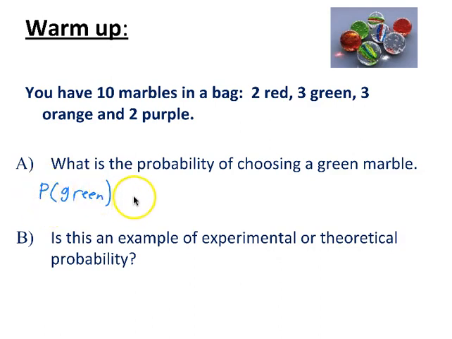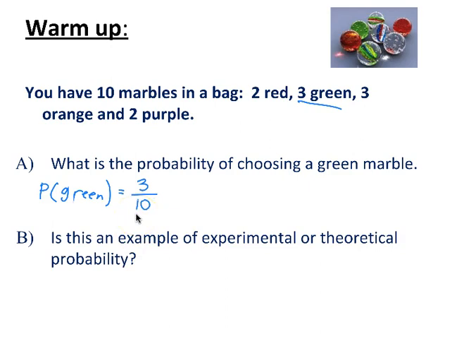This means what's the probability of finding or choosing a green marble? So to find that probability, how many green marbles can we choose from? Well, there's 3 in our bag, so we could choose 3, and then what is the total number of marbles we're choosing from, which is the total number of outcomes that we can have? Well, there was 10 marbles, so it would be 3 out of 10.